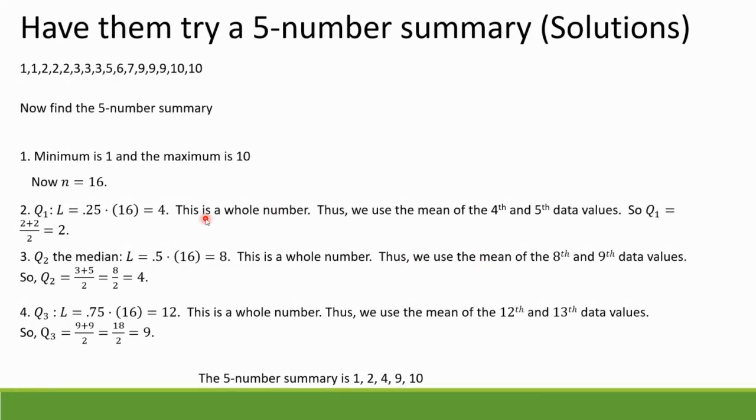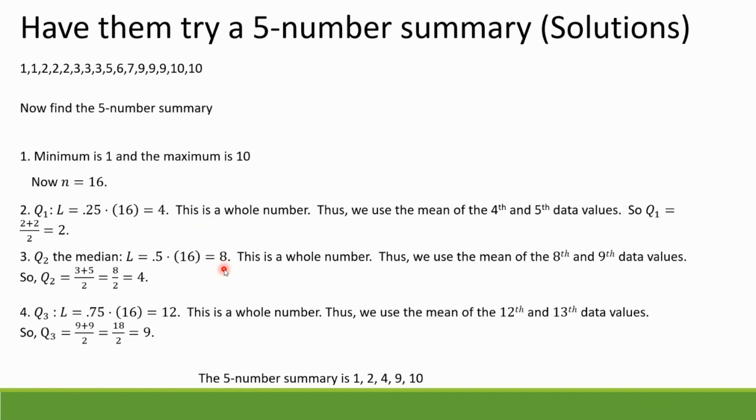For the median, it's the same idea. You do 0.5 times 16, 0.5 times how many data values there are, which in this case is 8. 0.5 times something is half of it. Again, this is a whole number, so we have to get the 8th and 9th data values and find the mean of them, meaning we take their average.